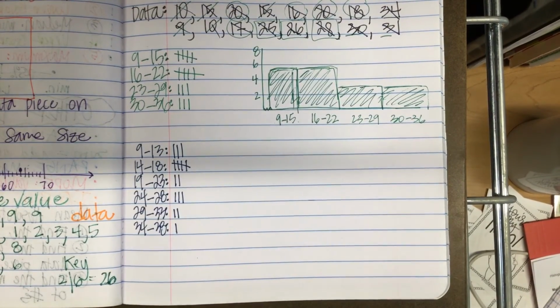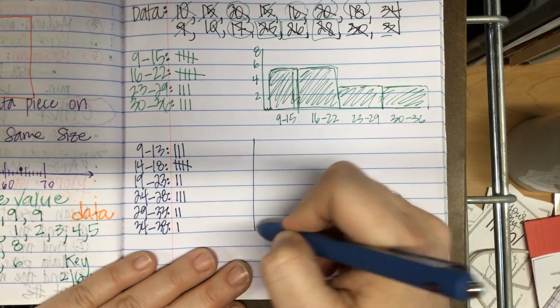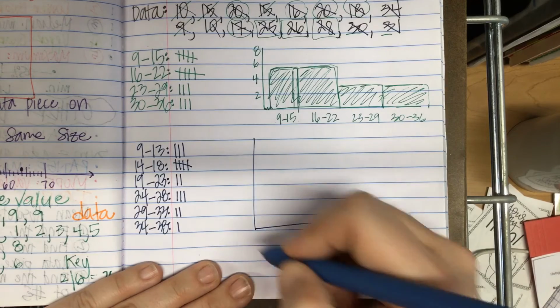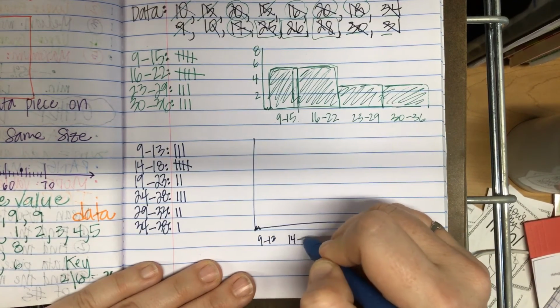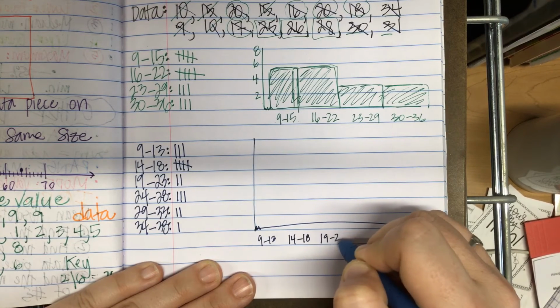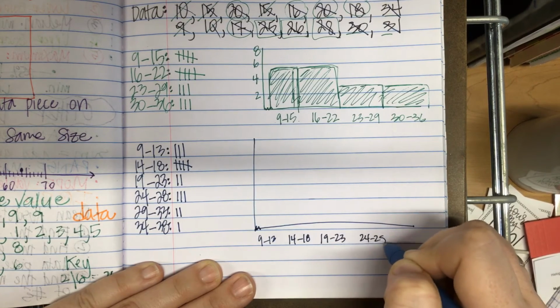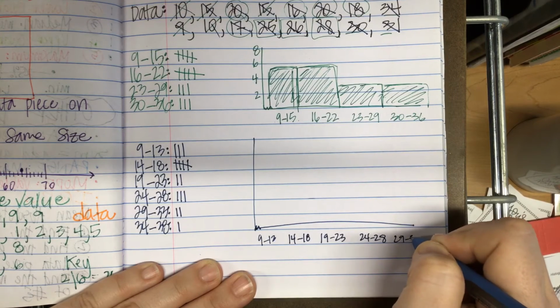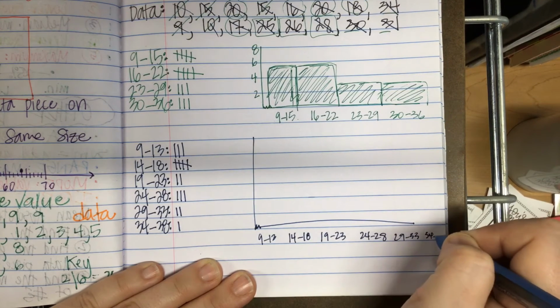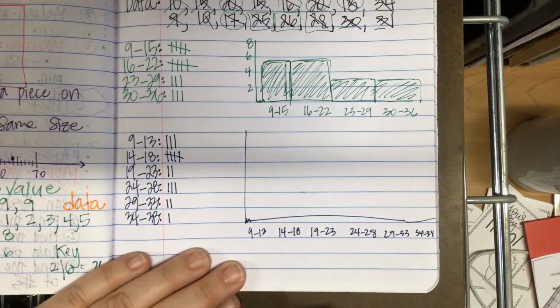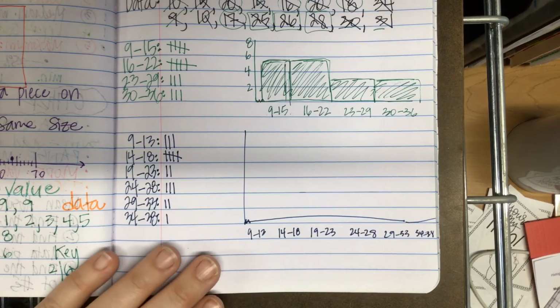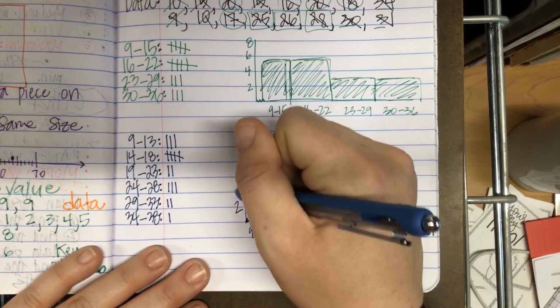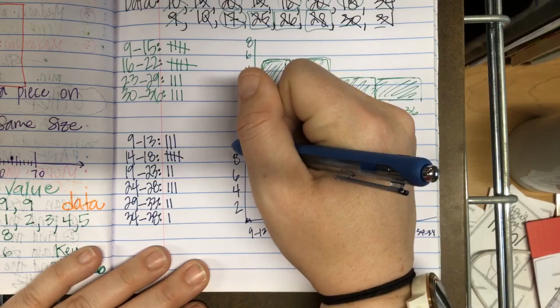Yeah. But it's the same data. My histogram: 9 to 13, 14 to 18, 19 to 23, 24 to 28, 29 to 33, 34 to 38. Ooh, I ran out of room. 2, 4, 6, 8, 10.